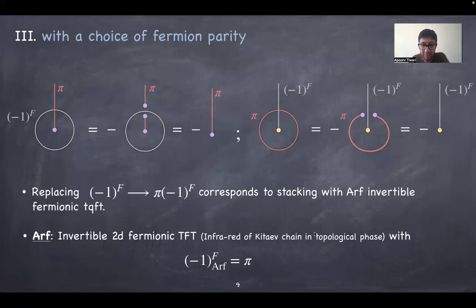Or from a condensed matter perspective, there's a fermion odd ground state in the R sector, or fermion twisted sector. And therefore, this fermion parity operator is implemented by the pi line, and pasting it just amounts to changing the fermion parity by a factor of pi.